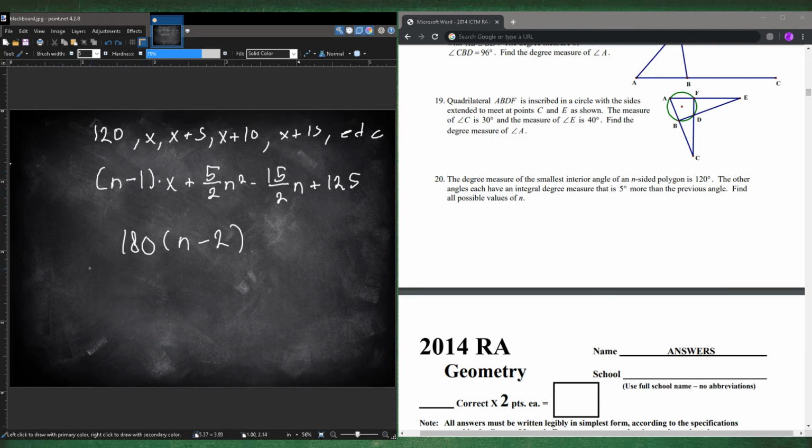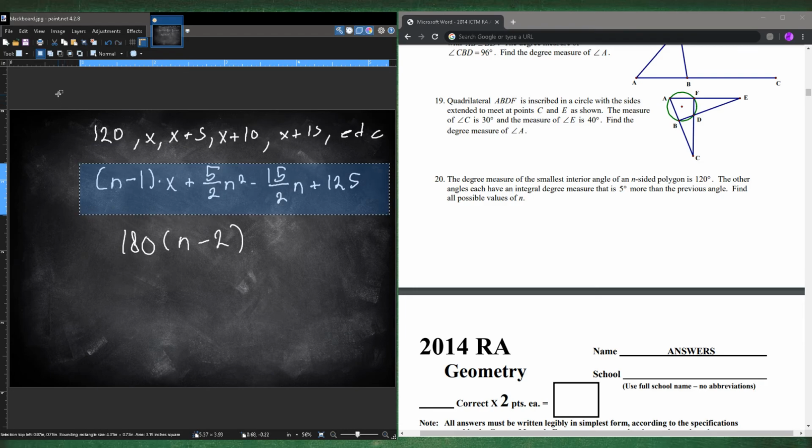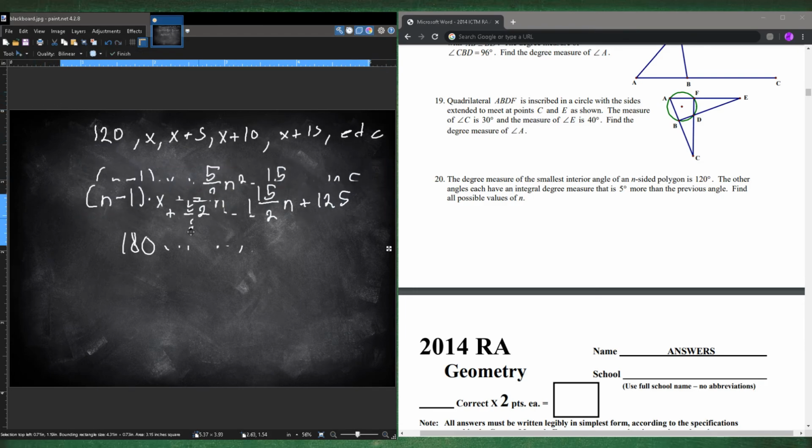So the degree measure of the smallest interior angle is 120. So we have n minus 1. I'm just going to copy and paste, because then we can simplify this pretty well.